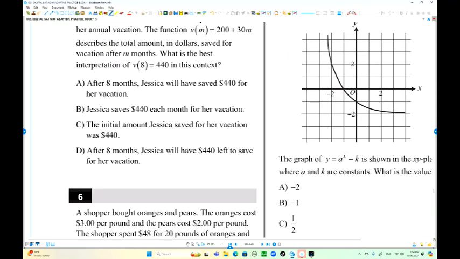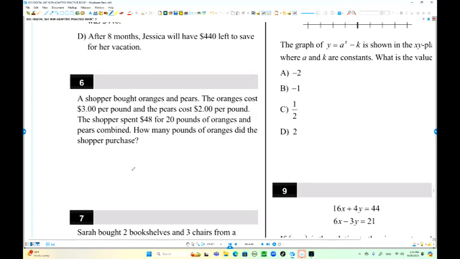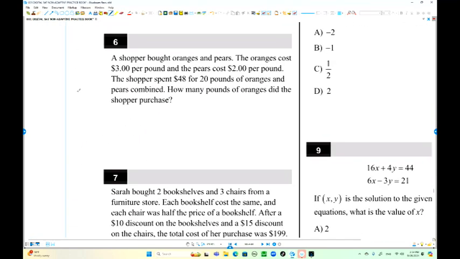Next, number 6. Okay, a shopper bought oranges and pears, two different fruits. Oranges cost $3 per pound. That's the unit rate, right?